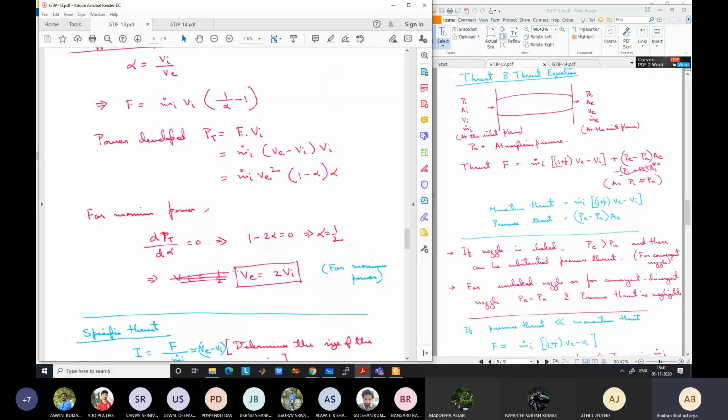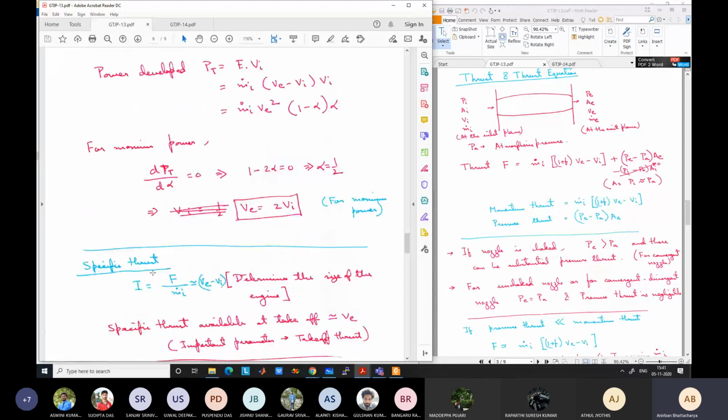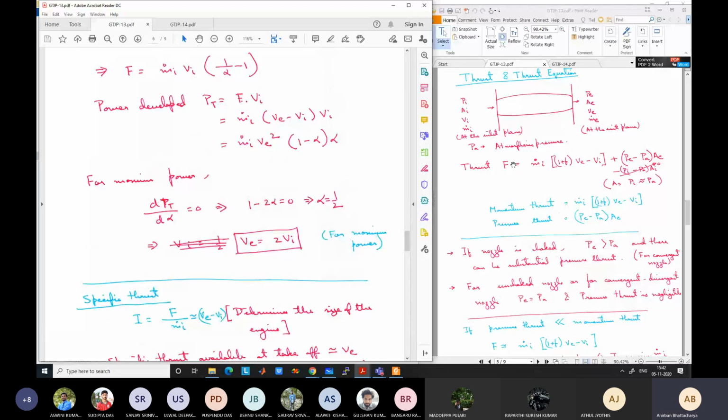If you ignore the pressure thrust and fuel air ratio, this can be denoted as V minus Vi. If you have the general term, then you have to divide the entire term by m dot i to get the specific thrust. You cannot use this expression once you are calculating for your problem and you have both momentum thrust as well as pressure thrust. You have to calculate the entire thrust and then divide by m dot i to get the specific thrust.